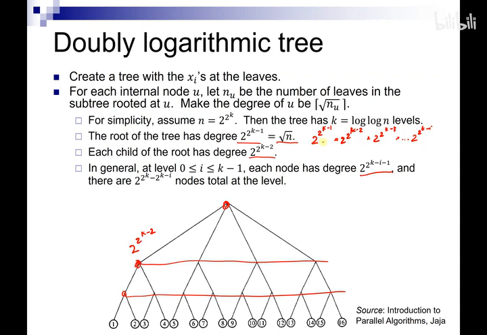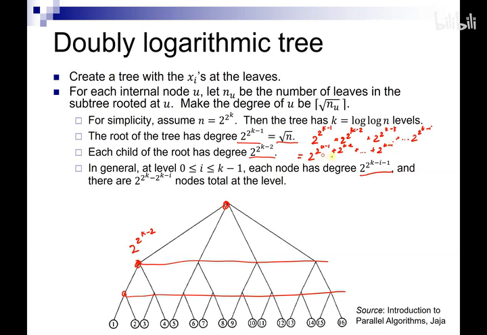If you want to evaluate this product, you can just take all of these exponents and add them together. So this is equal to 2 to the 2 to the k minus 1 plus 2 to the k minus 2, and so on, plus 2 to the k minus i.